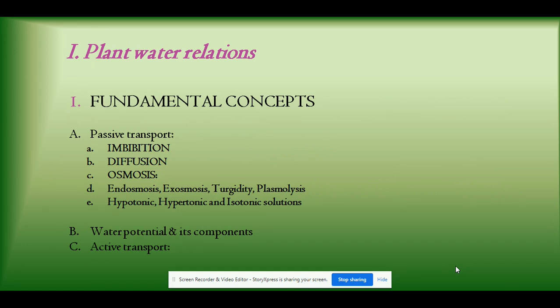In this program, we are trying to have a quick roundup of the important physiological aspects of a plant, including plant-water relations, where the fundamental concepts of imbibition, diffusion, osmosis, endosmosis, exosmosis, etc., are covered, and the important water potential qualities and its components which are involved with the active and passive transport of water in the plant.